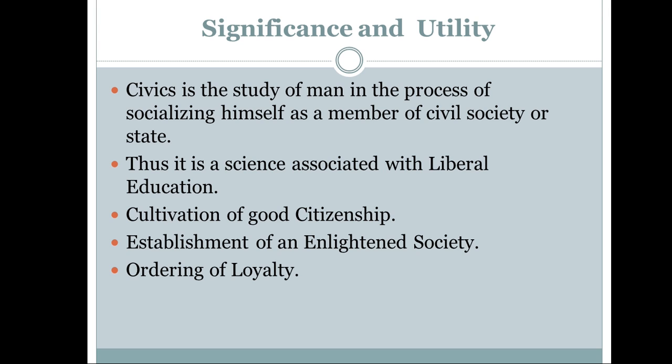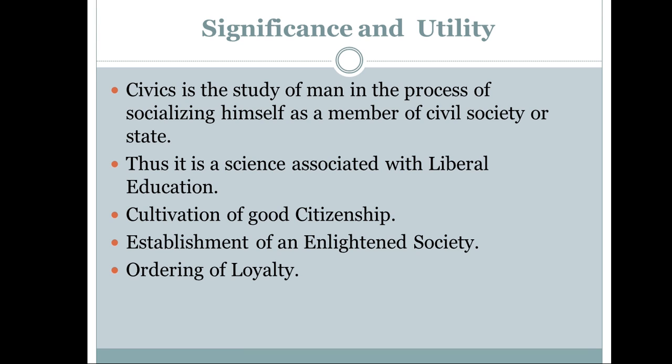Next is establishment of an enlightened society. Now what is enlightenment? Enlightenment is basically your ability when you can differentiate between what is right and wrong, जिसको कहते हैं आगही होना, शऊर होना. और वो किस में होगा? एक एजुकेटेड रैशनल इंटेलिजेंट पर्सन में. तो आप में सिविक्स क्या इनकलकेट करती है, क्या डालती है?